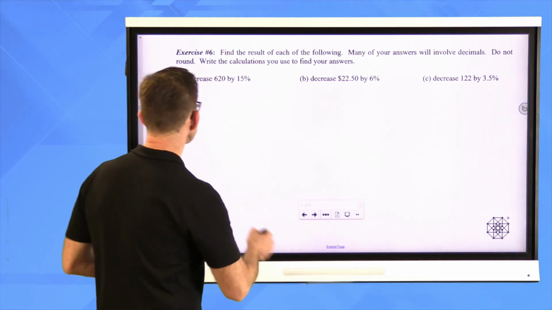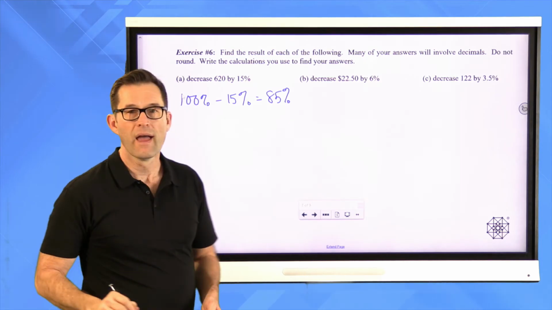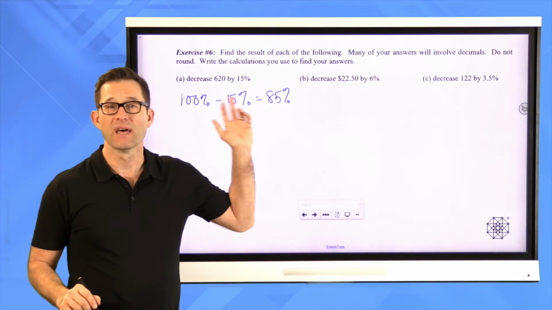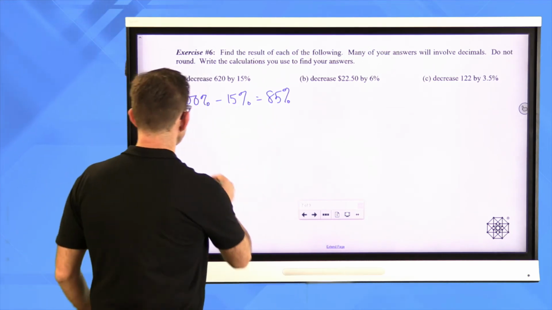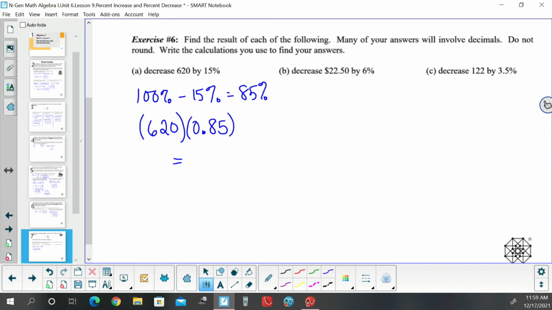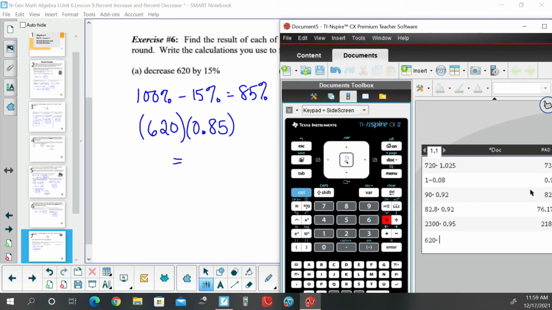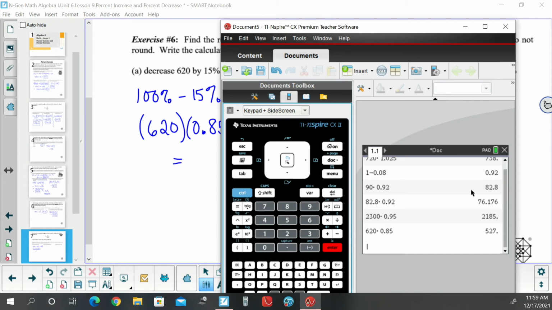One way is to say, well, 100% minus 15% is going to be 85%, and now I need to find 85% of 620. So I can just do 620 times 0.85. There I'll have to use my calculator. 620 times 0.85, and I get 527.